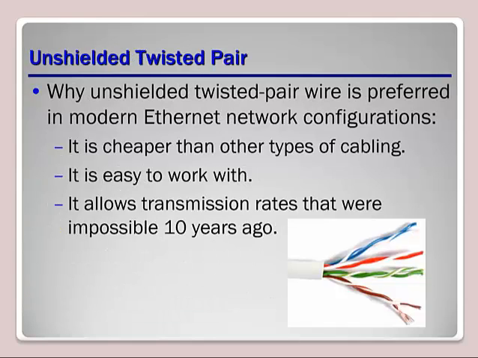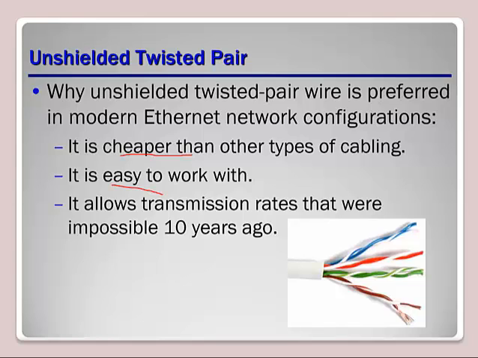So let's take a look at the unshielded twisted pairs real quick here. You may or may not have seen these wires before. And it says why unshielded twisted pair is preferred in modern Ethernet network configurations. Well, it's cheaper, it's easier to work with, and it allows transmission rates that were impossible 10 years ago.